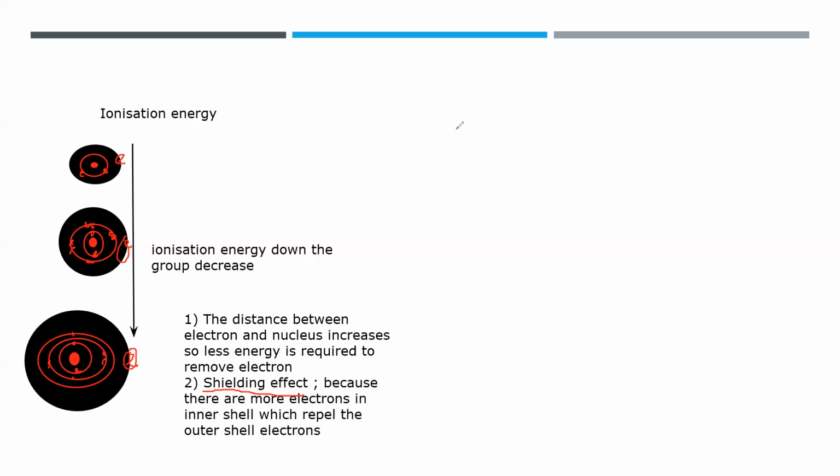So if a question is to give the reason why ionization energy decreases as we go down the group, first you mention that the distance between the electron and the nucleus increases because there are a greater number of shells.